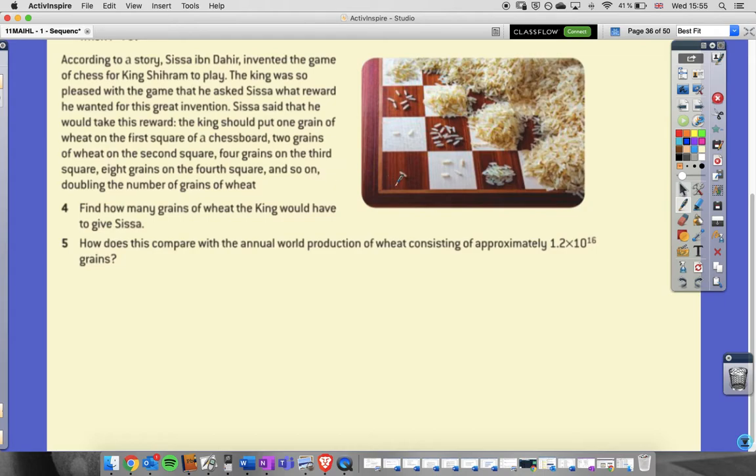It's this idea of a sequence where sometimes it's grains of rice, but sometimes it's grains of wheat. The inventor of the game chess has said that for their reward they would like 1 grain of wheat on the first square, 2 grains of wheat on the next, 4 on the following, 8 on the one after that, and so on. So it's a sequence that is doubling.